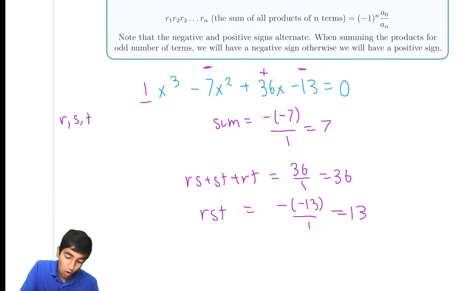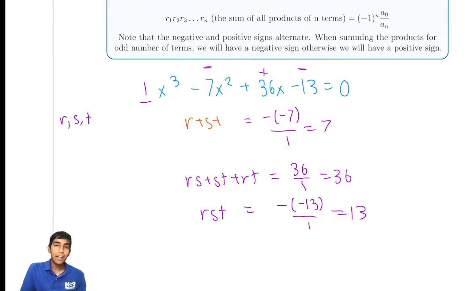So then the sum of all the terms multiplied once, r plus s plus t, is just the second term divided by the coefficient of the first term, times whatever sign that's here, negative or positive.